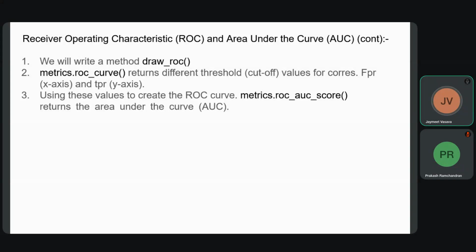Using these values to create the ROC, the metrics.roc_auc_score function will be used in order to return the area under the curve, or AUC. The values returned by metrics.roc_curve will be used in order to calculate the area under the curve. It will be a single process, not something that we have to calculate in a separate manner.